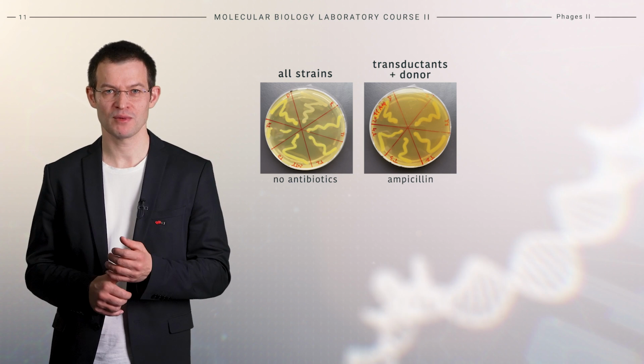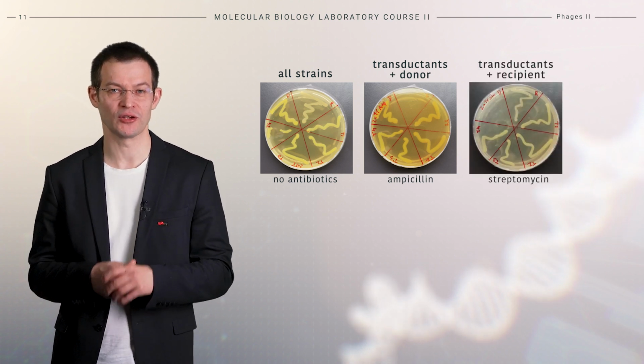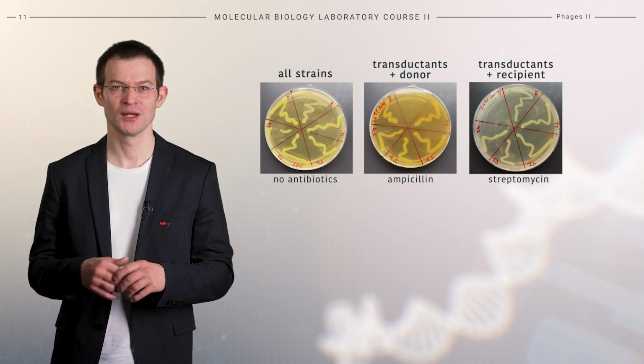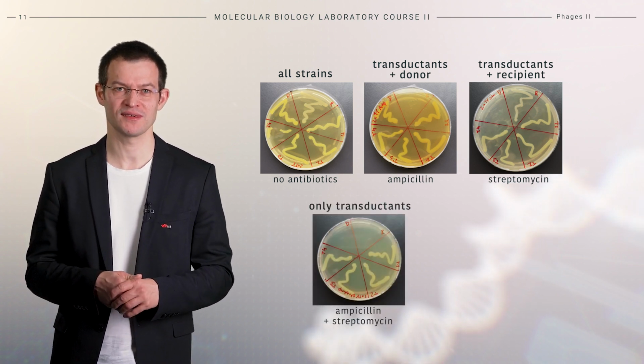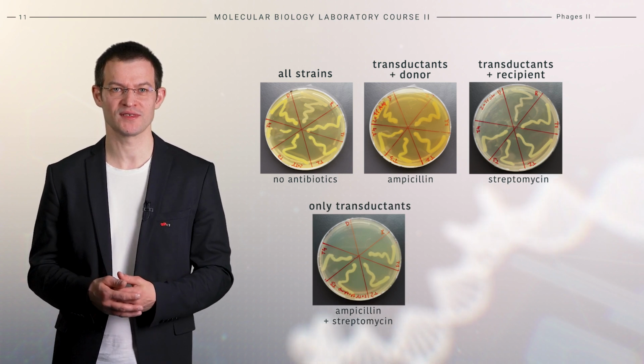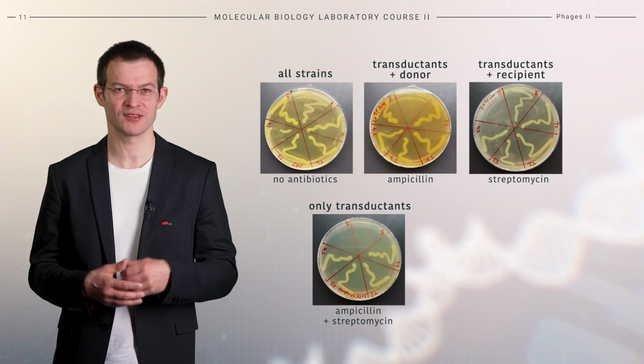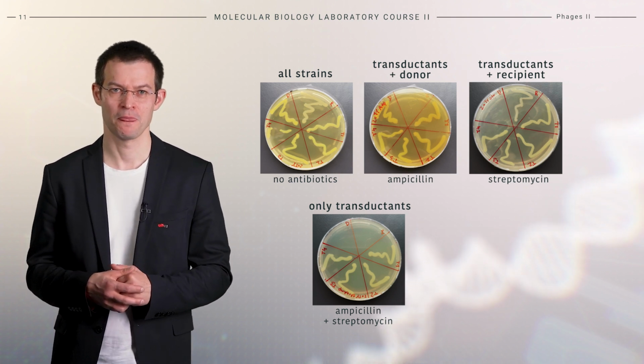Conversely, with streptomycin, only the donor strain will not grow, as it lacks the corresponding resistance gene. Finally, when both ampicillin and streptomycin are present, only successful transductants will grow. These are the only strains that carry resistance genes for both antibiotics.